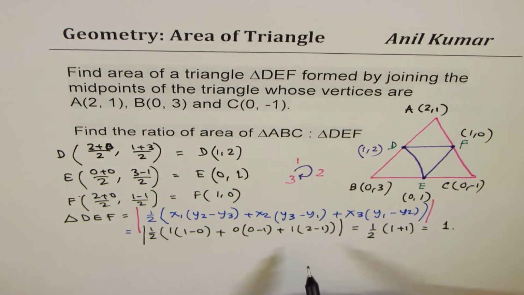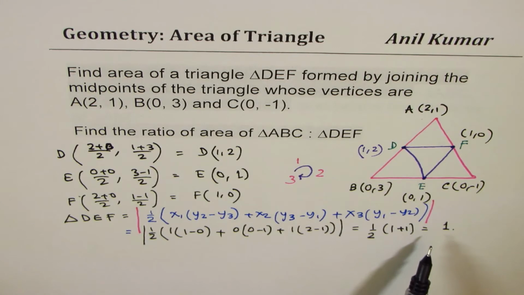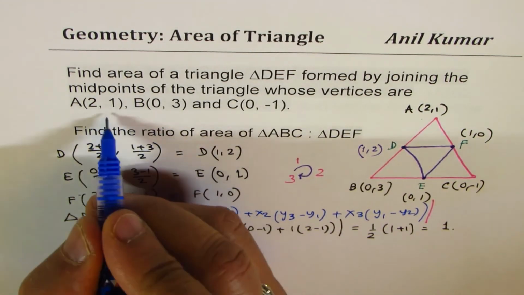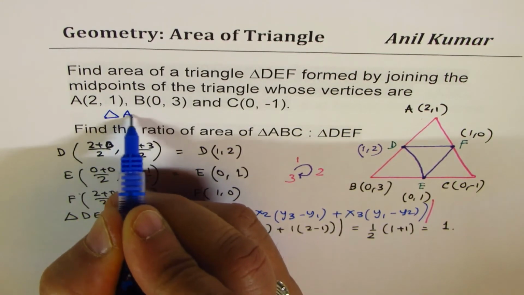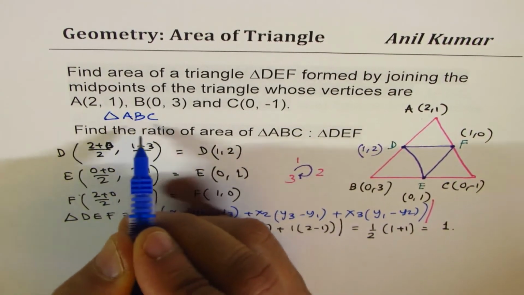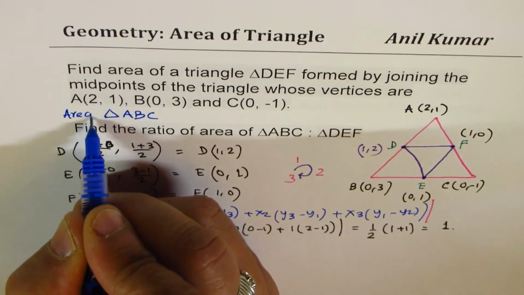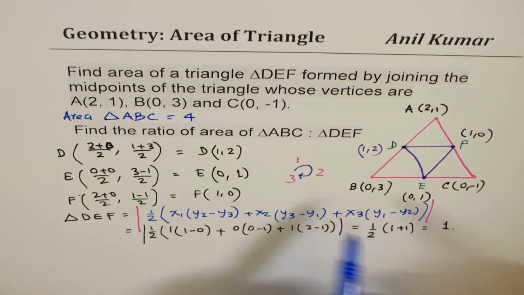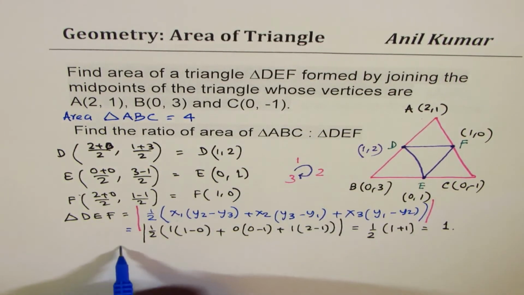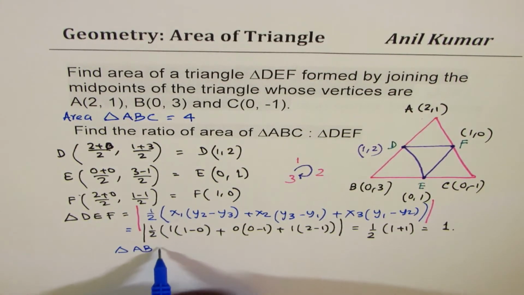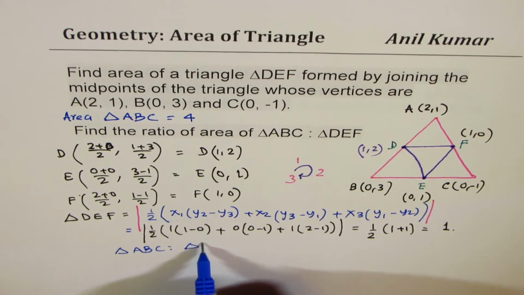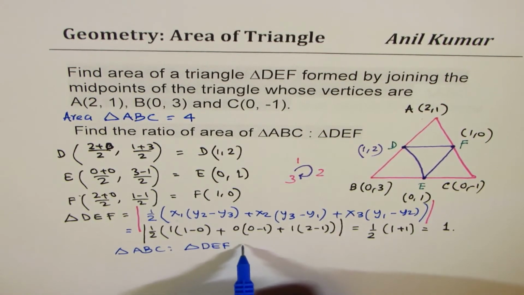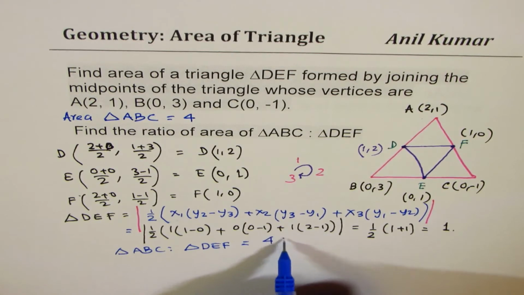Correct? So what we found here is that the area of triangle DEF is 1. Earlier we found that the area of triangle ABC was how much? 4, correct? Was 4. And DEF is 1. So what is the ratio? The area of triangle ABC is to the area of triangle DEF is equal to 4 is to 1.